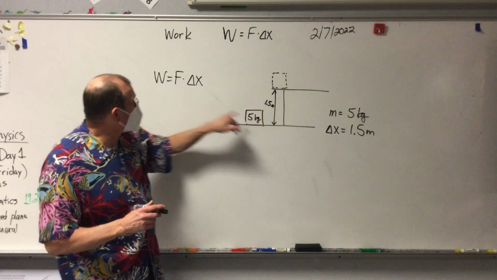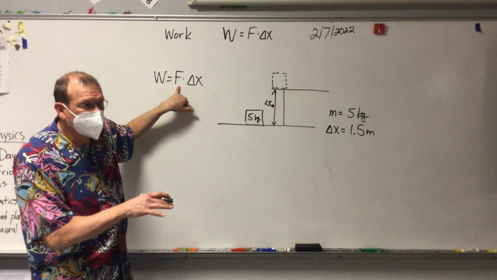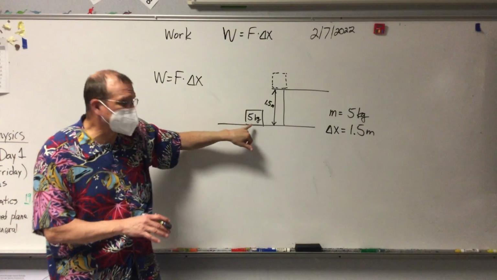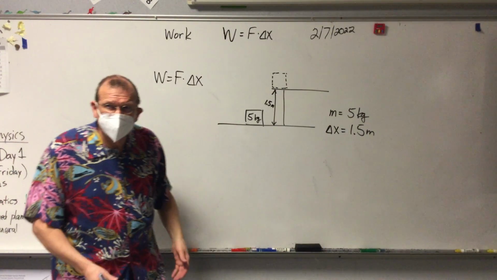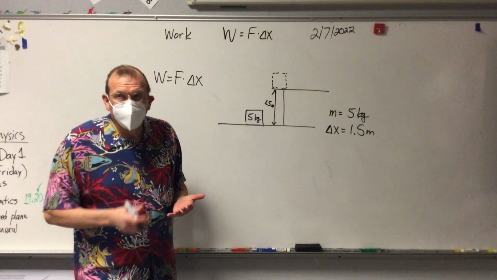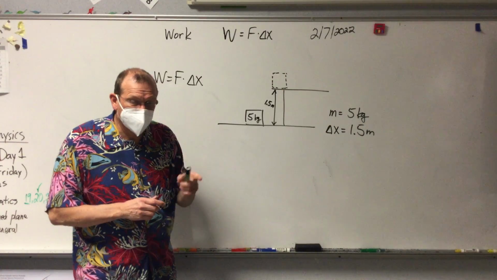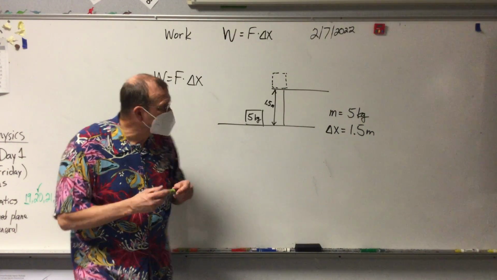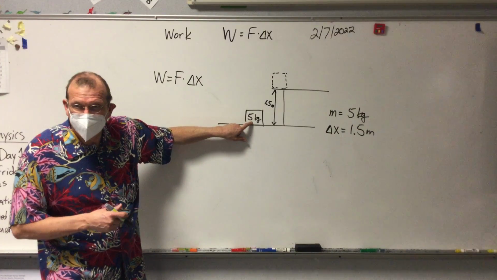But if I put 5 kilograms in here, that would be a bad move. That would be wrong because mass is not a force. But if I was lifting or lowering something, what force would I have to overcome? Gravity. Okay, it would be gravity.